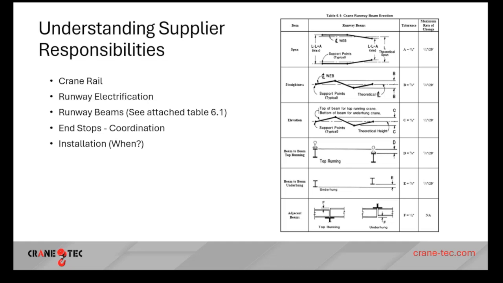Hey, Justin. Yes. We got a question here from Tom Carney from Varco Pruden. He asked, does the crane supplier usually provide the underhung crane beams and suspension? That's a good question. Yeah, it is. That's on a case by case basis.